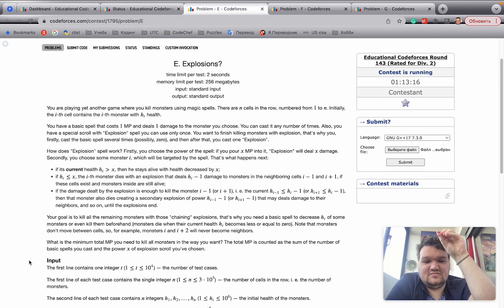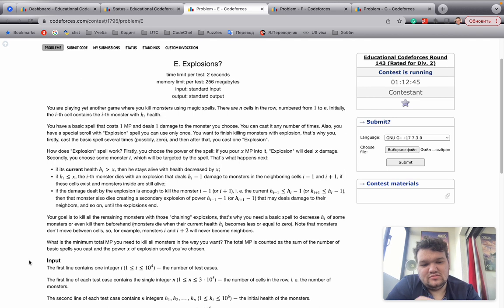So they will be away from some point, always decreasing. The secondary explosions do not have the power X minus 1, they have the power of the health of the first one minus 1.